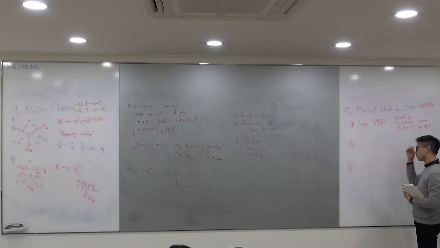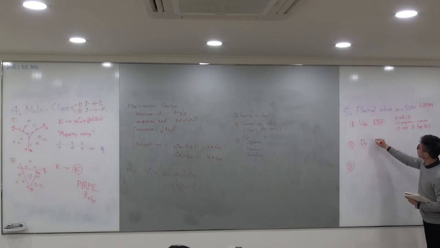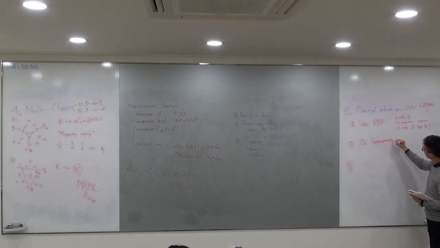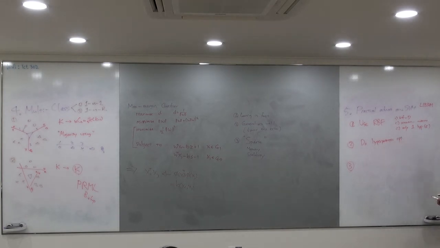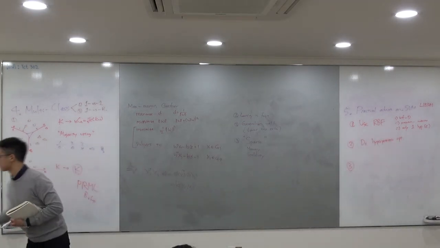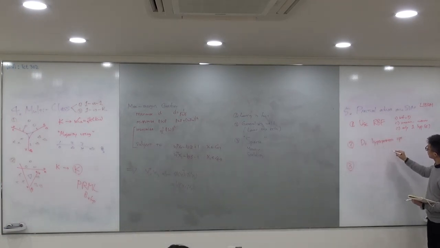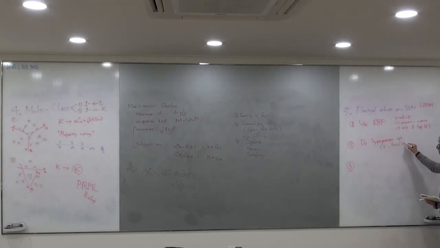The second advice is you should do hyperparameter optimization. This is usually done by cross-validation and grid search. How many of you don't know cross-validation?